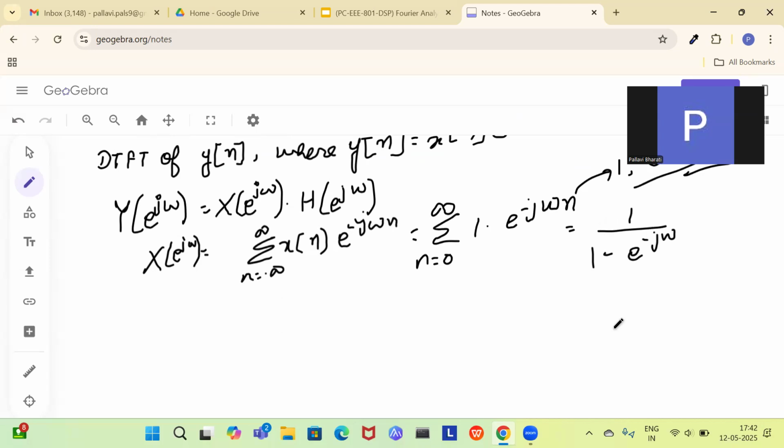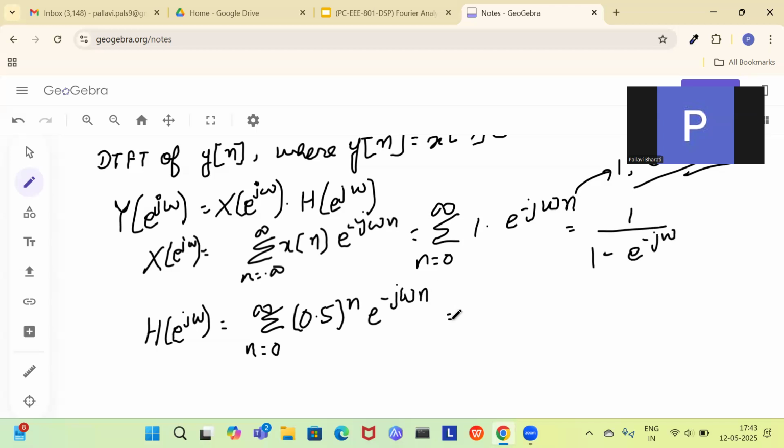Now, the second one that you have to take out is H of e to the power j omega, where h[n] was given to us as 0.5 to the power of n u[n]. Again, it was multiplied with u[n], so we change the limit from minus infinity to 0 to infinity. It becomes 0.5 raised to the power of n e to the power of minus j omega n. Now we put 0.5 and e to the power of minus j omega together, and the whole to the power of n, from n equals 0 to infinity.